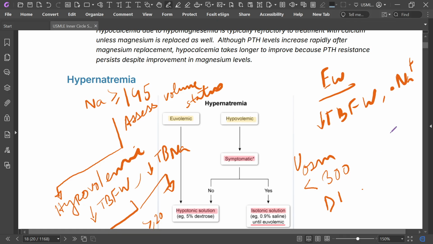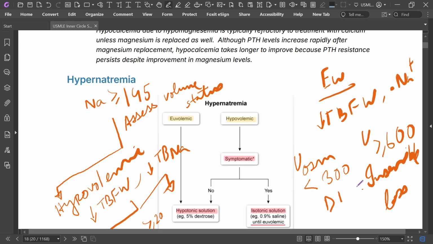If urine osmolarity is more than 600, it may be due to insensible loss.